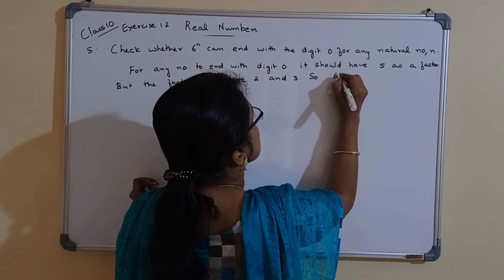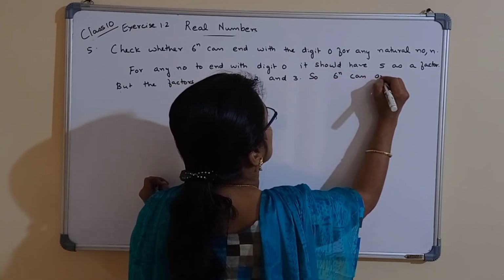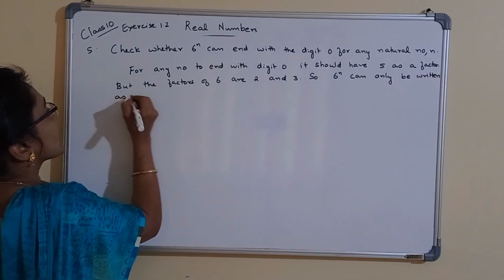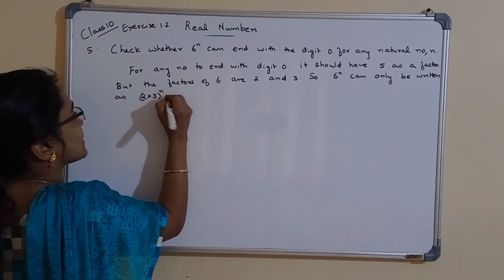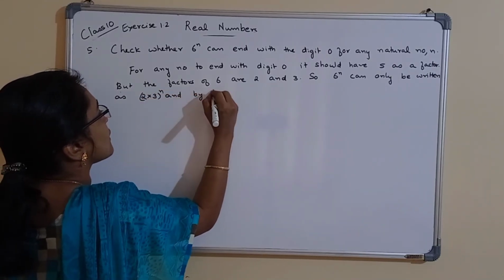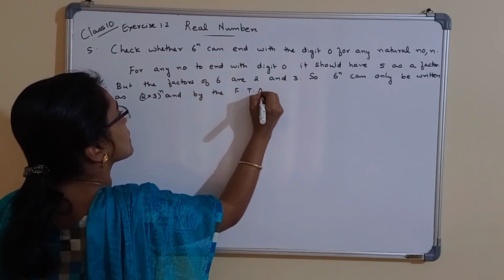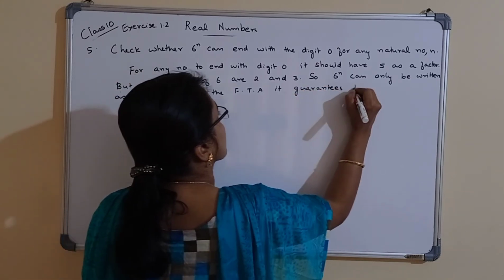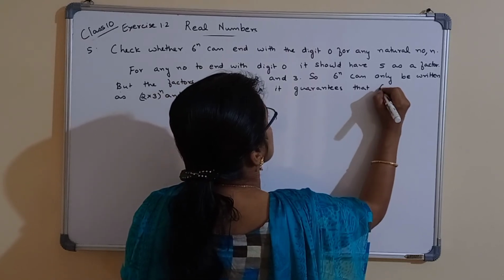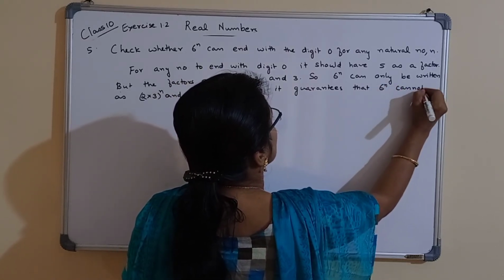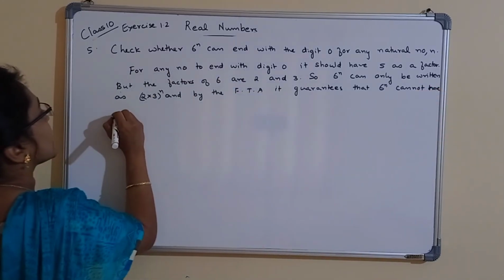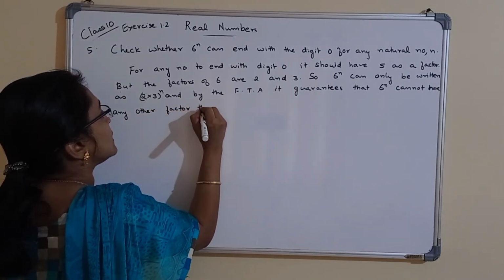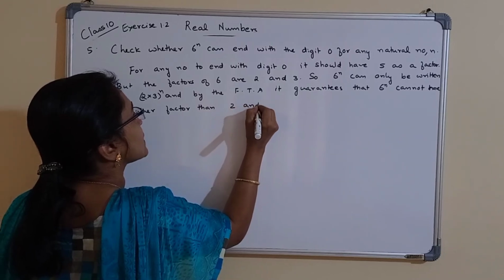So 6 raised to n can only be written as 2 into 3 the whole raised to n, and the fundamental theorem of arithmetic guarantees that 6 raised to n cannot have any other factor than 2 and 3.